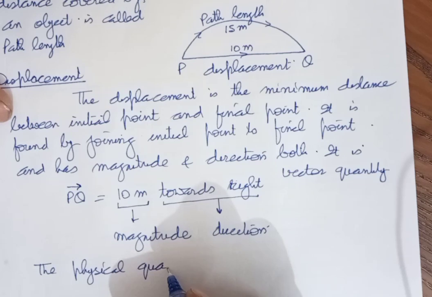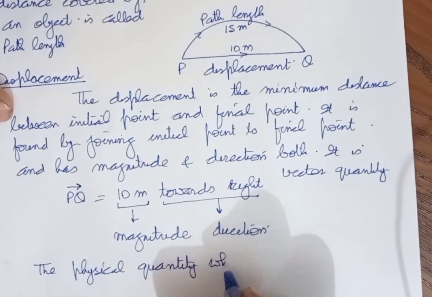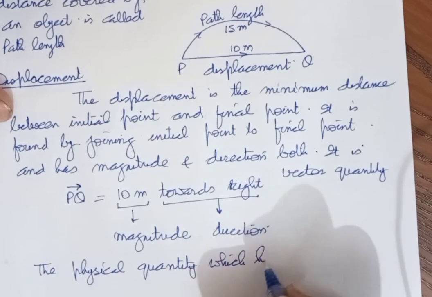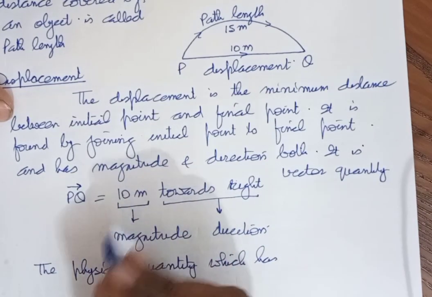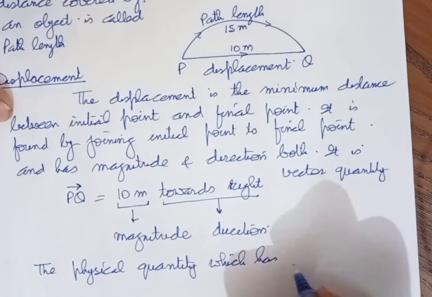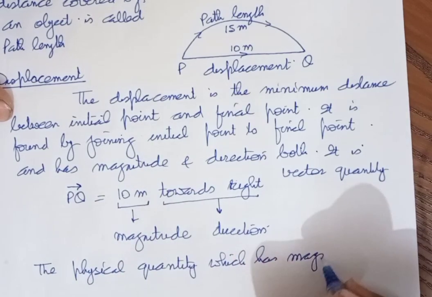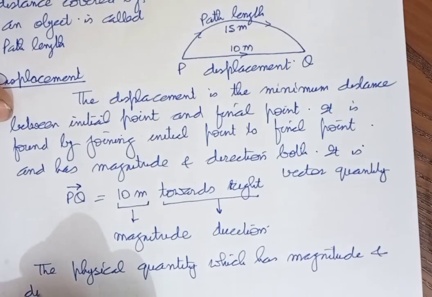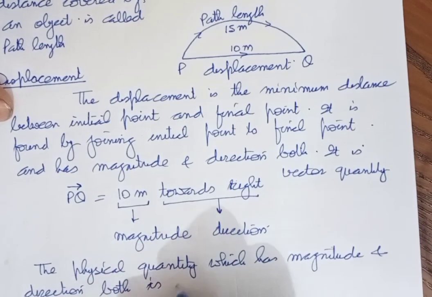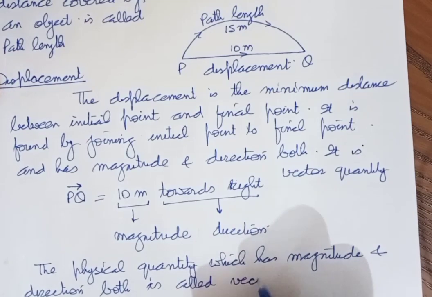Any physical quantity which can be measured, which is associated with a number, which has magnitude and direction both, is called a vector quantity.